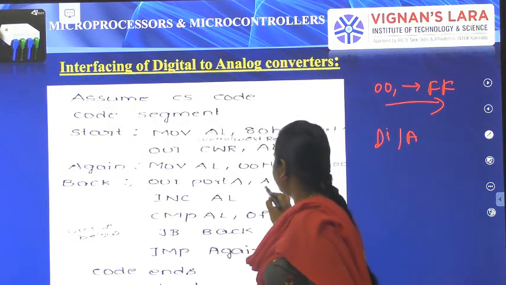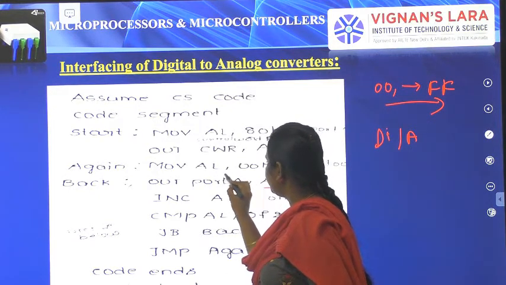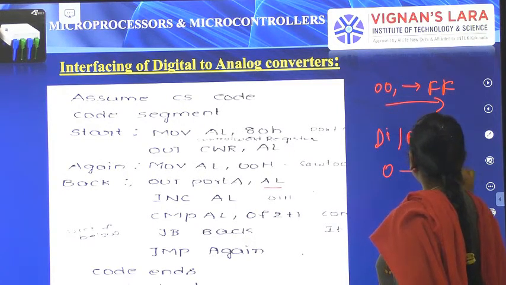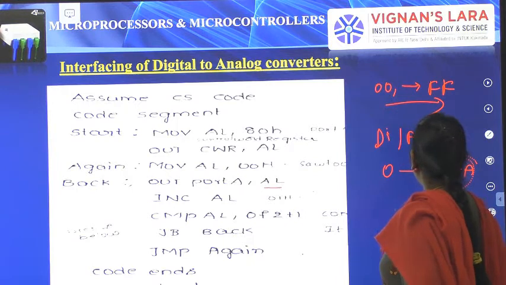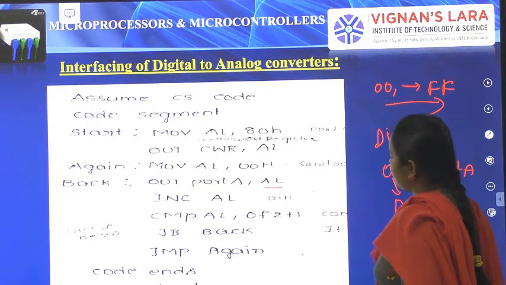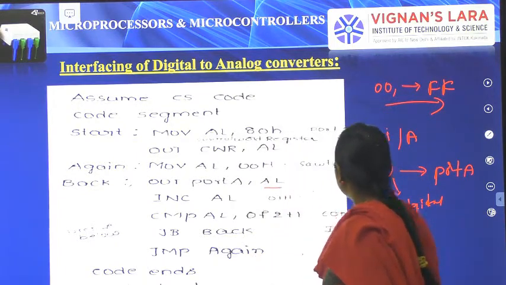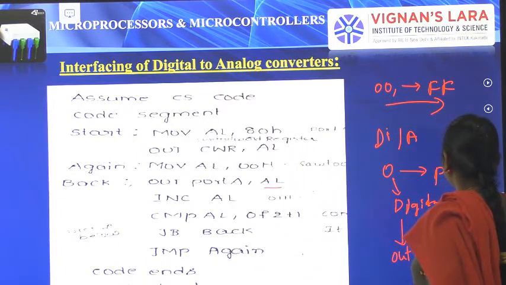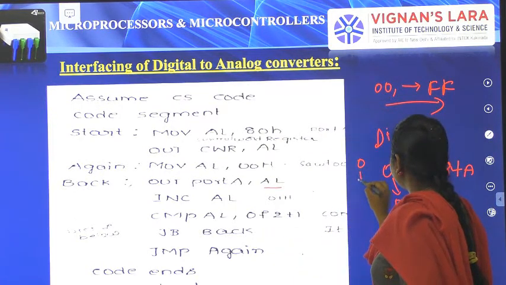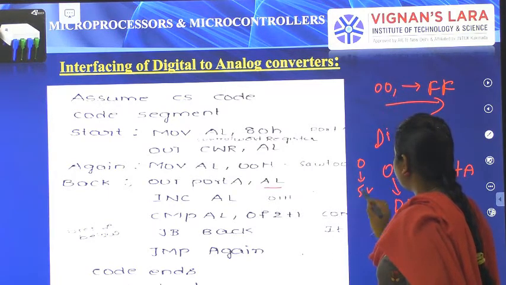So here AL is 00, that means first 00 is moved to port A. Then the digital to analog converter converts the data which is given, and gives an analog output. Increment AL, that means from 00 to 01 and 02, like that it will be incremented. It will convert from 0 to 5 volts.